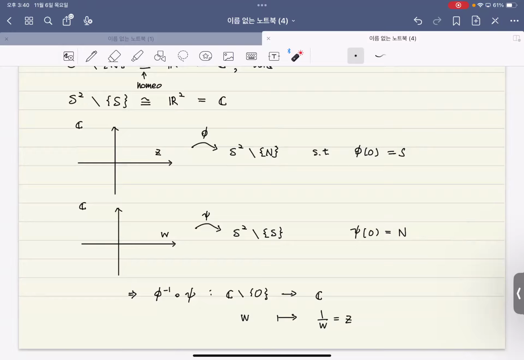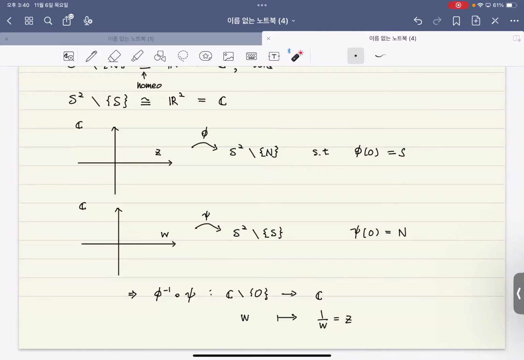Therefore this point corresponds to the south pole. But now this guy is being mapped to everything but the south pole. So this guy is taking the reciprocal and getting to this one. So the zero at this point should be considered as the infinity in this space. And likewise, the infinity in this space should be considered as the zero at this point.